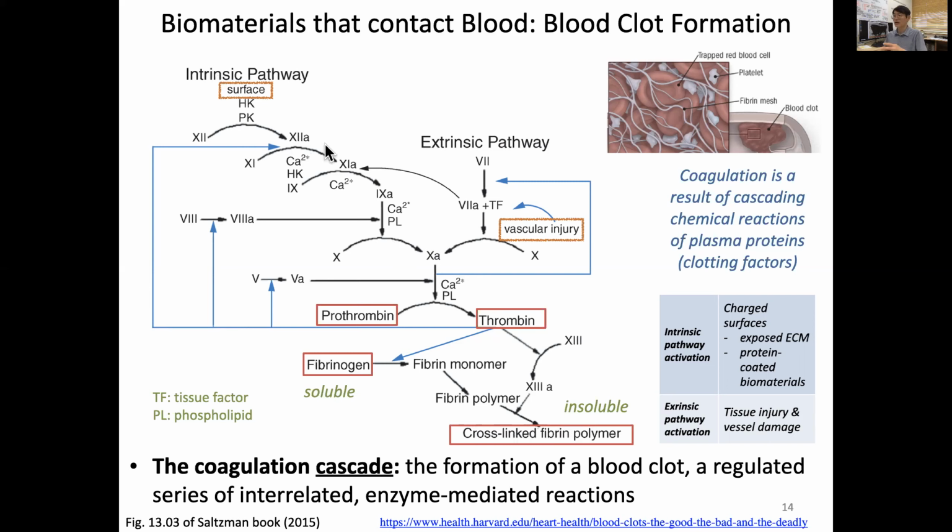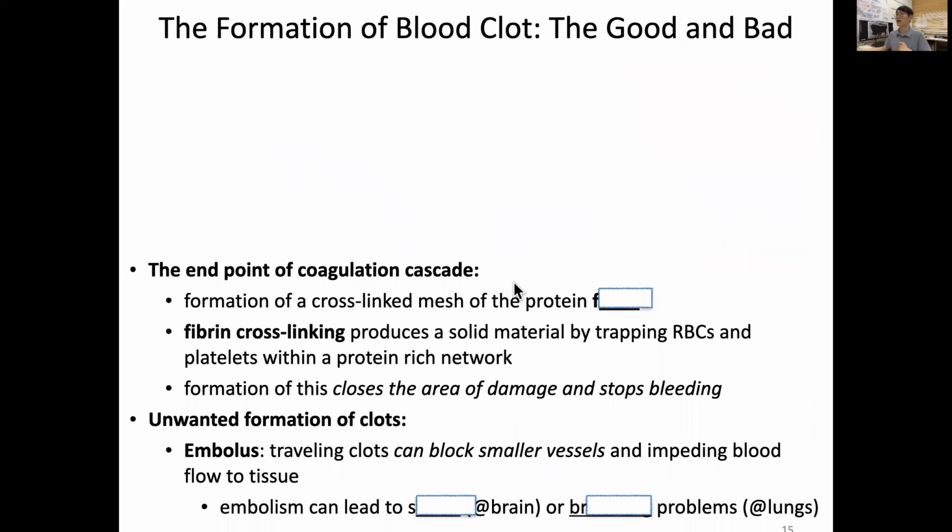So you can see these as multiple well-regulated steps, a kind of cascade. So we call it the coagulation cascade, which is the formation of blood clot. And I want to show the good and bad aspects of this formation of blood clot, which is our intrinsic protection mechanism for our blood, preventing infections and microorganisms from getting into our body.